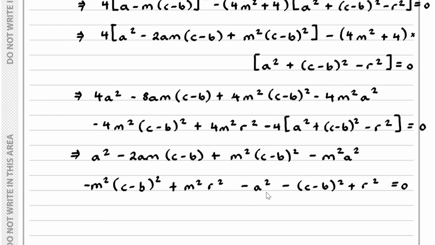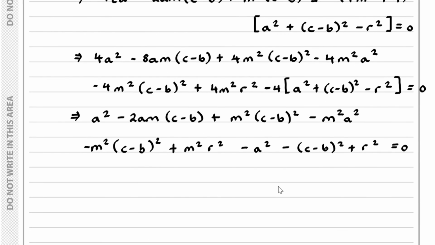So now if we see what cancels, the a squared and the minus a squared cancel, and then we have the m squared times c minus b all squared cancelling with the minus m squared times by c minus b all squared. That's all we'll be left with.